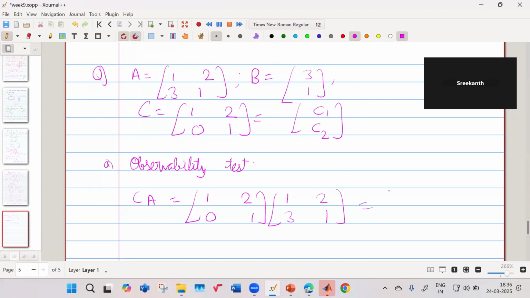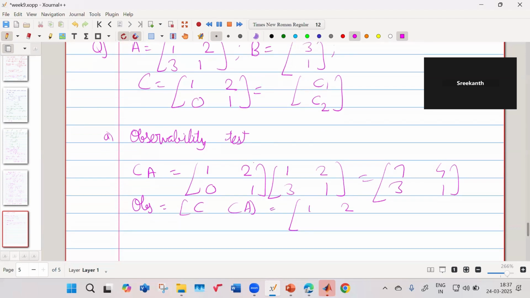So this is 1 plus 6, that is 7. Then 2 plus 2 is 4. 0 plus 3 is 3. 0 plus 1 is 1. So this is our CA. Our observability matrix is C and CA, which comes out to be 1, 2, 0, 1, 7, 4, 3, 1.